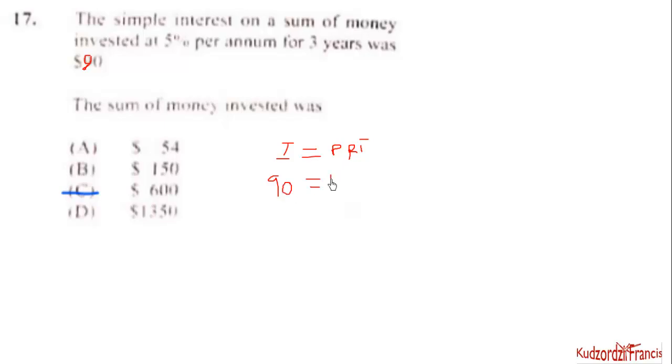Then we don't know the principal, so we keep it. The rate is 5%, so 5 out of 100. Then we also have the year, which is 3, so times 3. So this will give you, let's multiply this by 100, then we get 9,000.